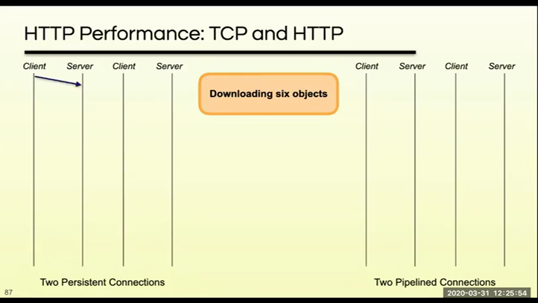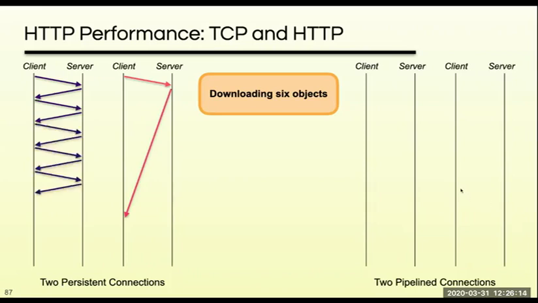So you request one on one connection, you request another on the other connection, and the one on the first connection finishes quickly, but the one on the second connection turns out to take a really long time. Maybe it ends up being a big object, not a small object, many packets, not just one packet. And so while it's taking forever, all 4 of the remaining ones finish.